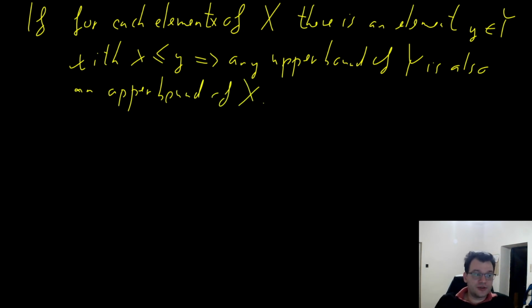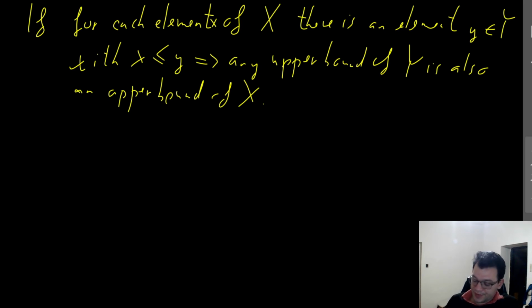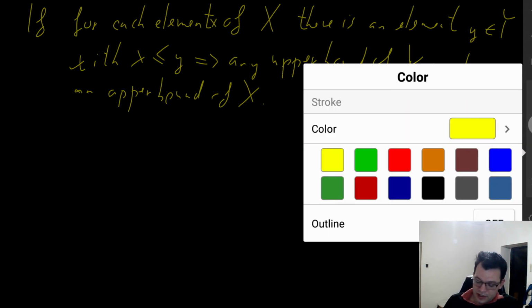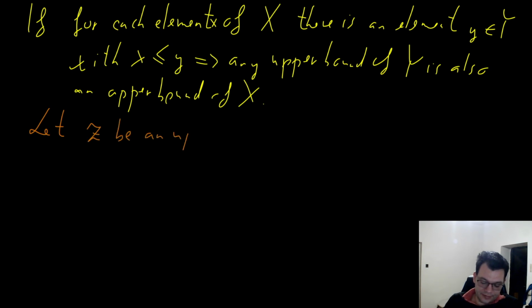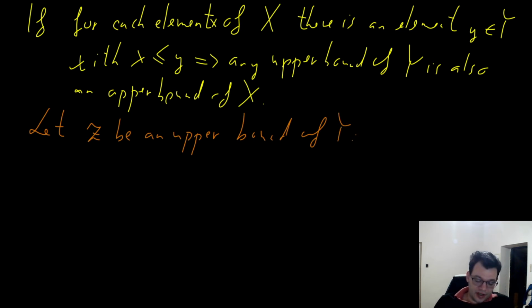Yeah, that's also just a statement, so let's just prove this. So what do I have here? Let z be an upper bound of Y, which I told you already. I think we are denoting this by the notation Y is smaller than or equal to z.